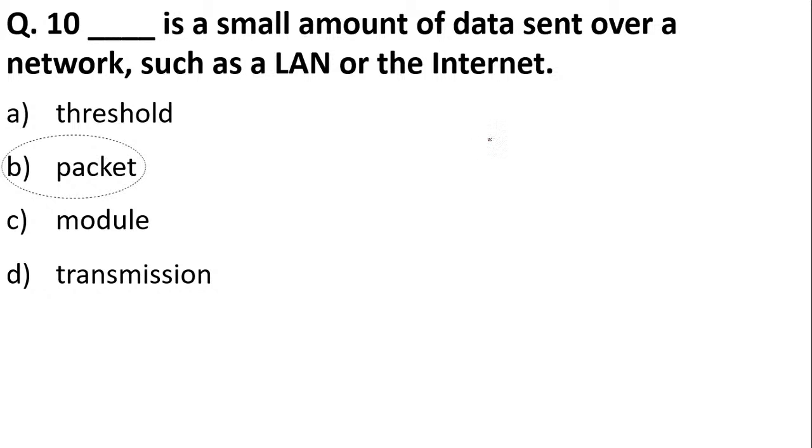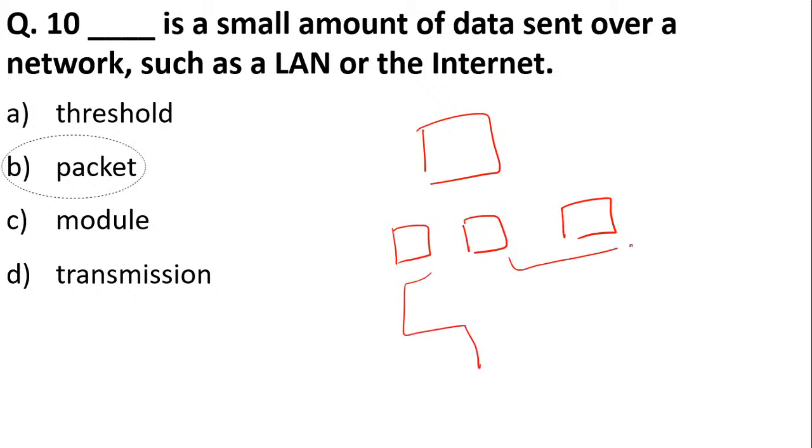When your data is converted into small packets and they reach the destination, after going through different paths all over the world, they all combine to form the original data that was sent. So the small amount of data sent over the network, these are called packets.